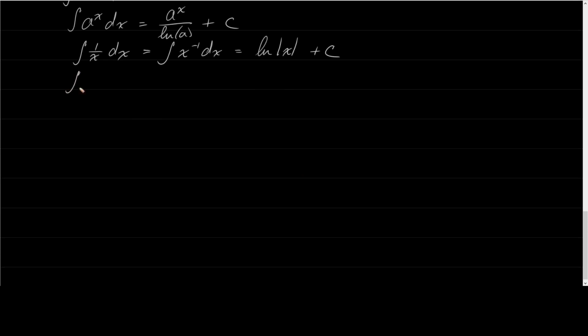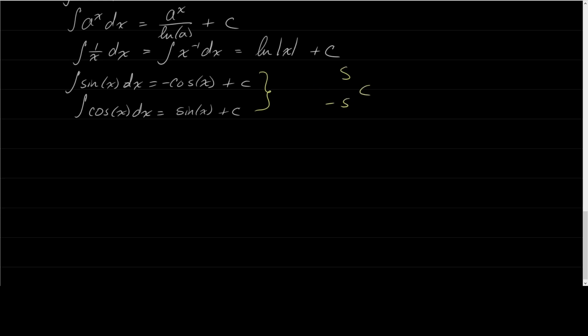Now the integral of sine is negative cosine of x plus c. The integral of cosine is sine of x plus c. Now we can talk about that little clock thing that I did before in more detail.